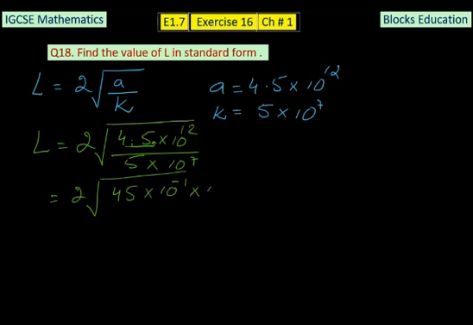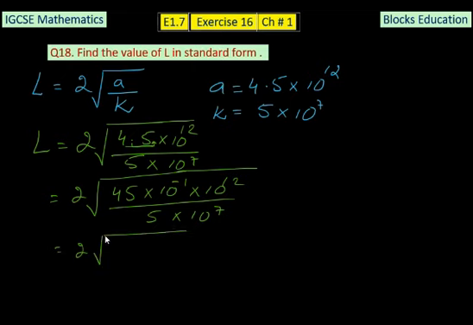And 10 raised to power 12 is already there, and 5 into 10 raised to power 7 is already there, right? So it will be 2 into, see, 5 ones are 5, 5 nines are 45, so you are left with 9 into 10 raised to power minus 1 into 10 raised to power positive 12, so 10 raised to power minus 1 plus 12 will be plus 11 over 10 raised to power 7.